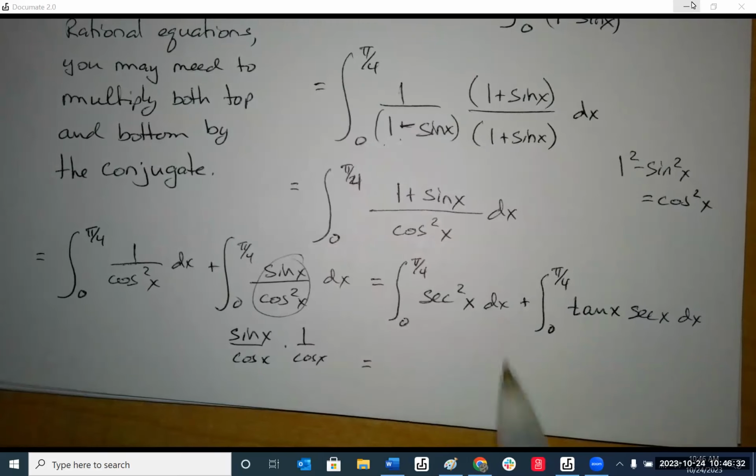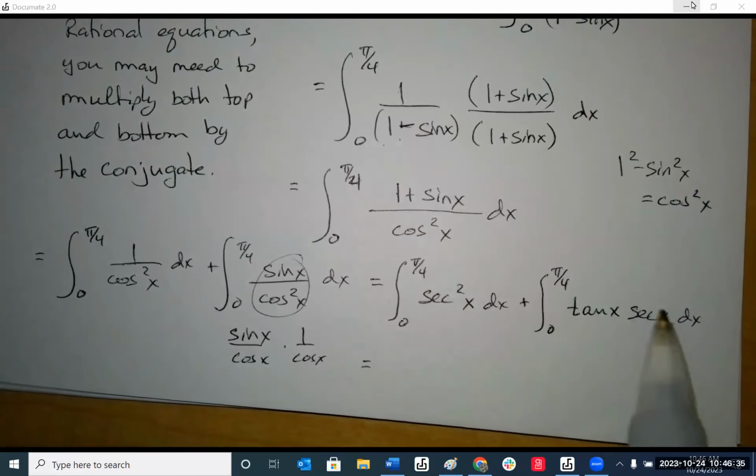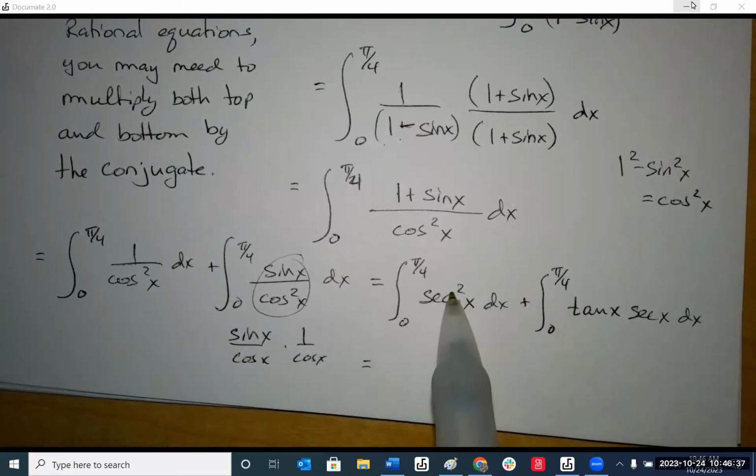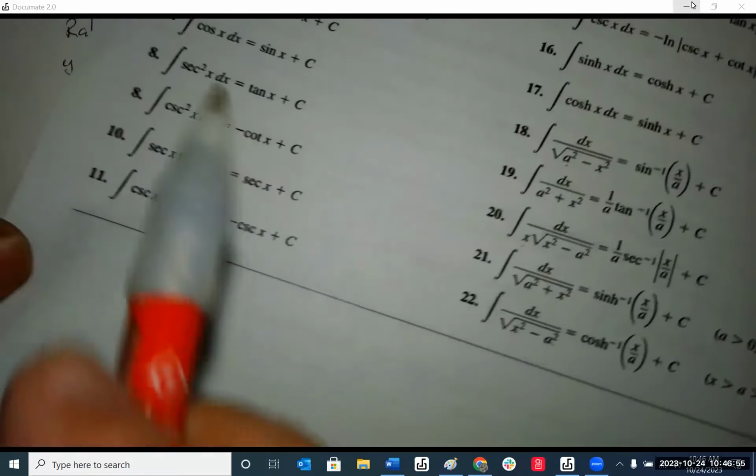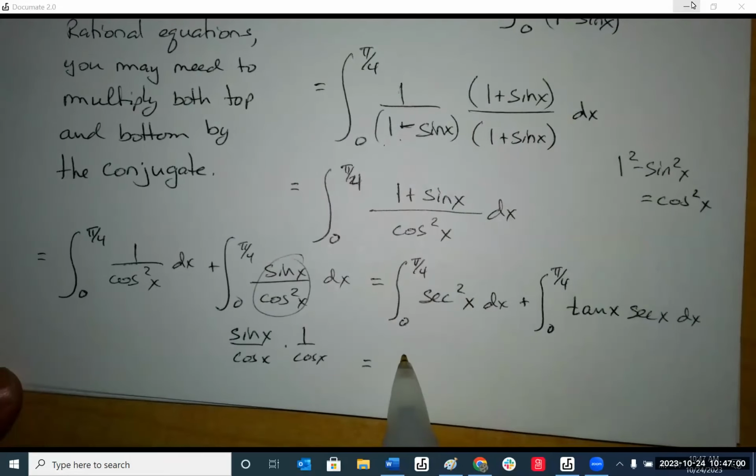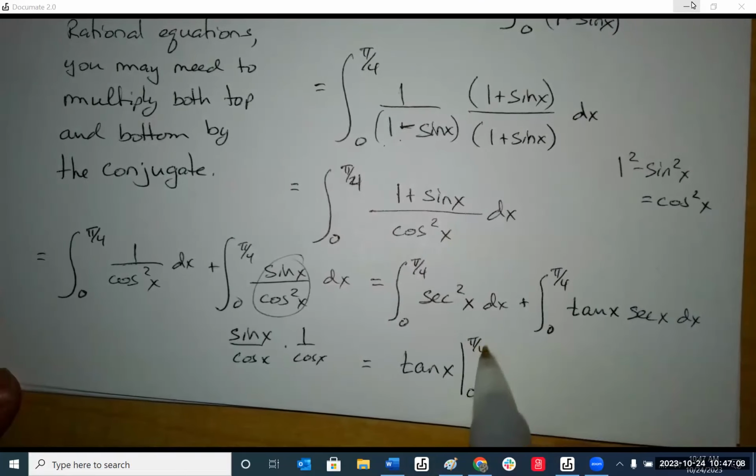So look at your cheat sheets. What is the integral of secant squared? Yeah, the integral of secant squared is tangent. So this is going to be tangent x from 0 to pi over 4.